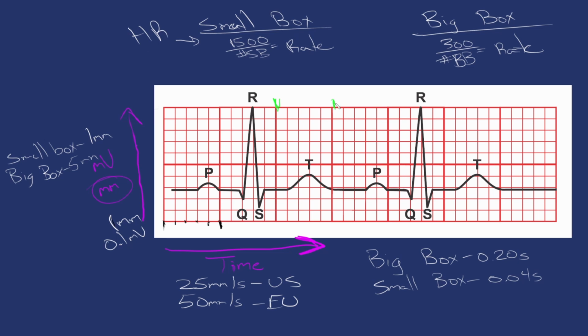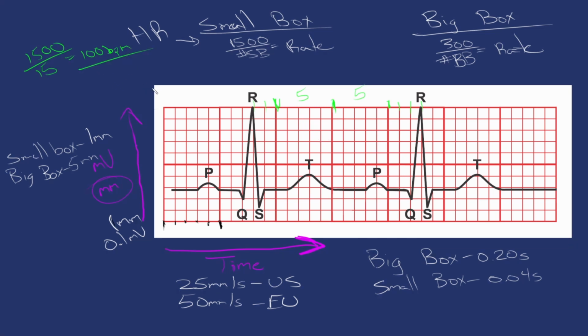We have 1 big box, and remember that's 5 small boxes in there. So 1 big box goes to 5, 2 big boxes, so 5, so we're at 10, 11, 12, 13, 14, 15. At that point, it's going to be 1500 divided by 15 small boxes, and that's going to get a heart rate of 100 beats per minute.